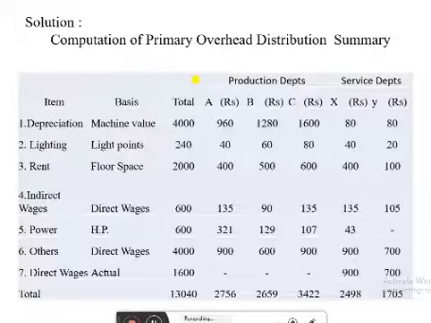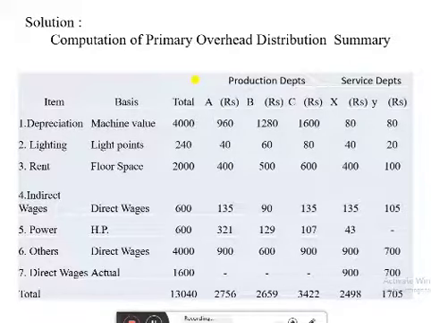Power has to be allocated on the basis of horsepower of the machinery. The total amount is 600. According to the horsepower ratio it is 321, 129, 107 and 43. So according to the given ratios I have distributed here. That we have already done in the previous problem. Is that clear, girls?